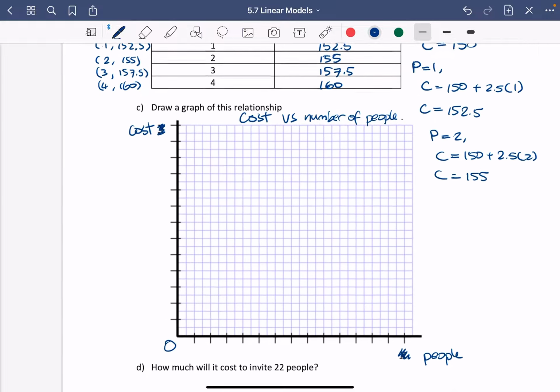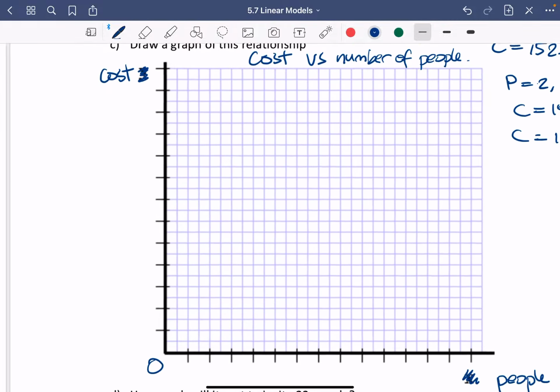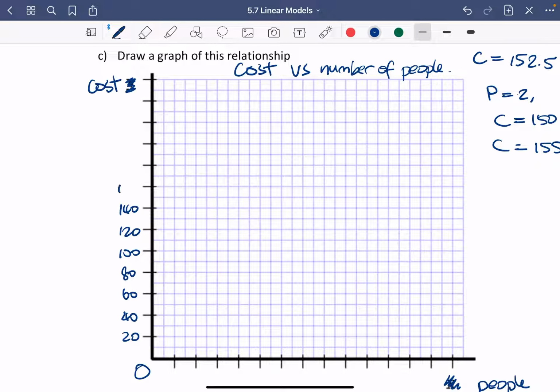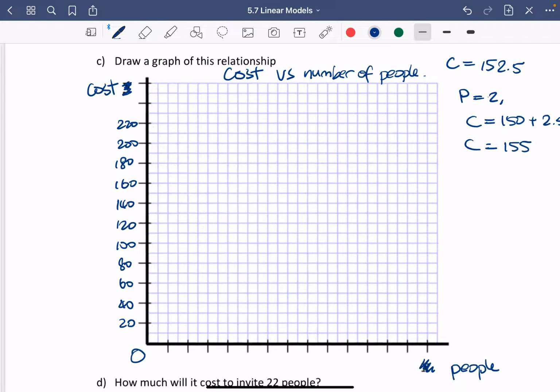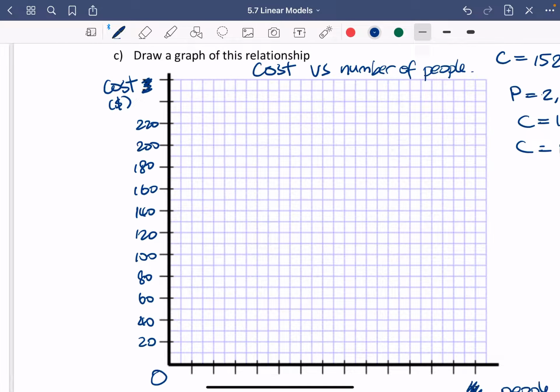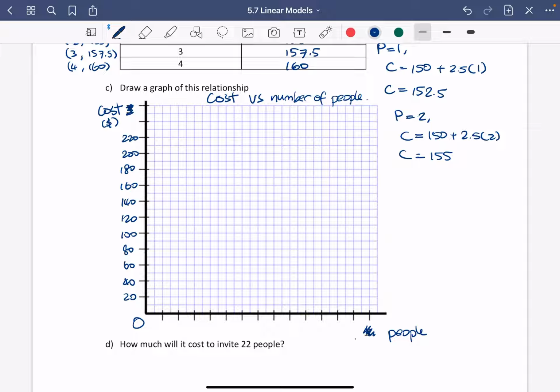So I'll let each of the smallest unit be 10. So then that will be 20, 40, 60, 80, 100, 120, 140, 160, 180, 200, 220, etc. So the cost has a unit of dollars, and this is number of people here.